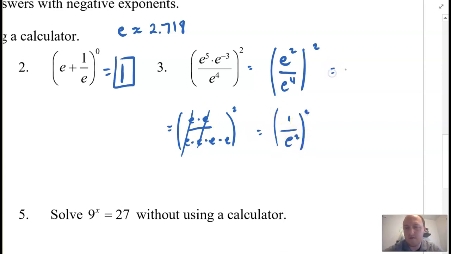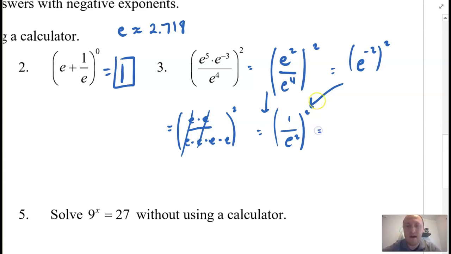But another way of thinking about this is if you're dividing the same base, you subtract those exponents. So that is e to the power of -2, squared, which if we utilize our negative exponent property, we get that there. So either way is fine. I think this way is easier to utilize.